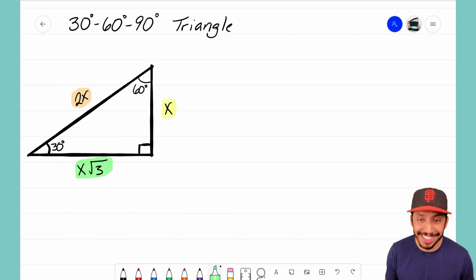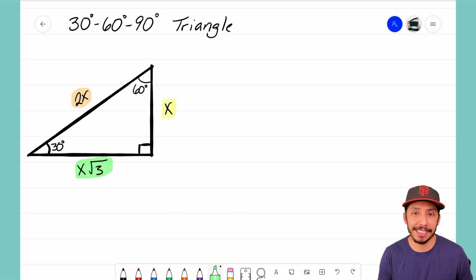Again, no matter what that short side is, you multiply it by root 3, and you will end up with the long side of your right triangle. That is the shortcut for helping us solve these triangles without needing to show a bunch of work.